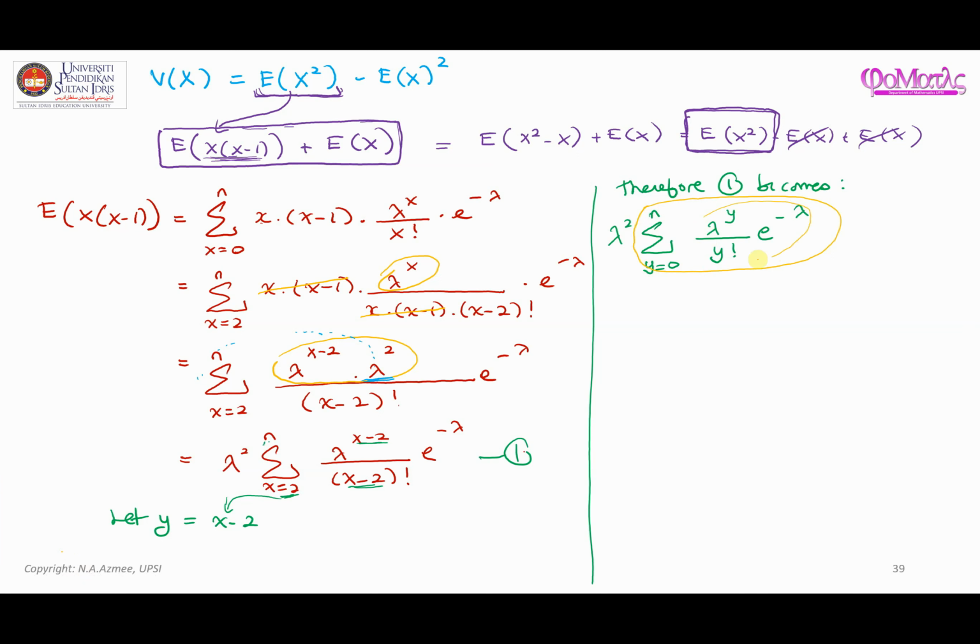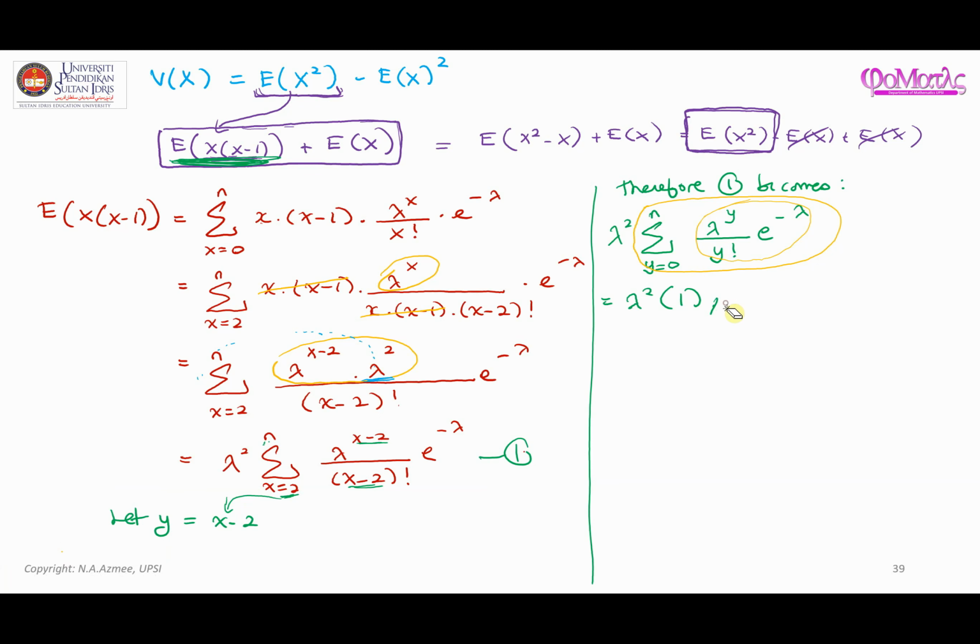This is the probability function for the Poisson random variable Y. So Y here is our Poisson random variable, and if you sum up all the probabilities from 0 until n, the result is supposed to be equal to 1. So what we have next is that this becomes lambda squared times 1, and we have managed to show just this part.